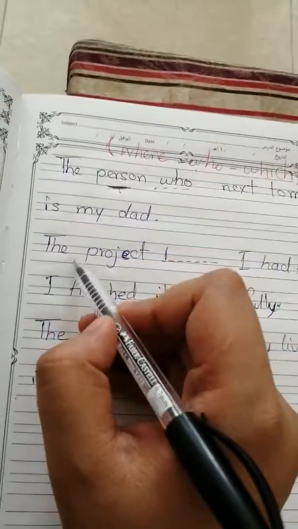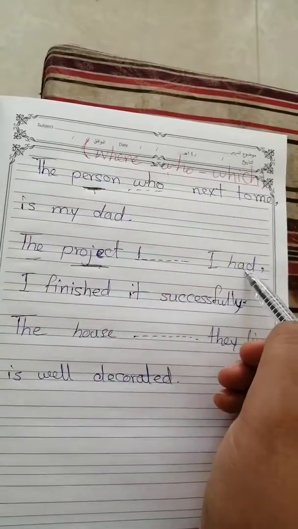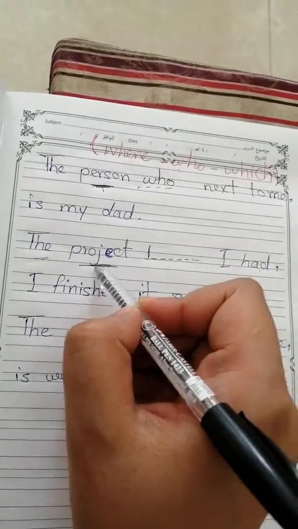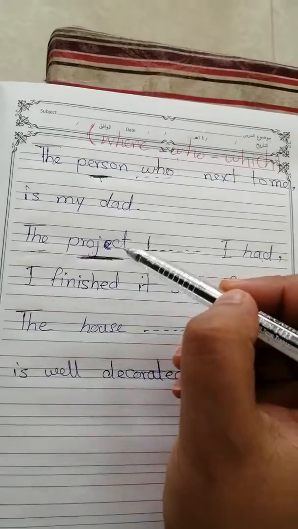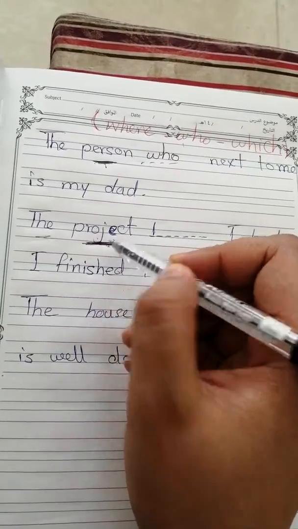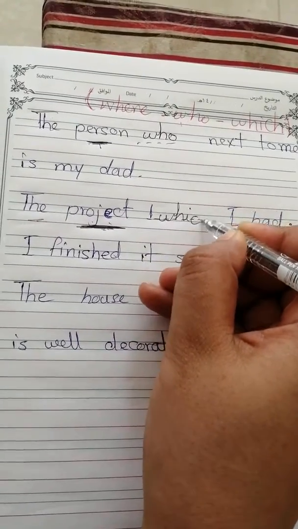Okay, here is the project. The project I had, I finished it successfully. The project here is something, and we relate the sentences together that have something here with which.